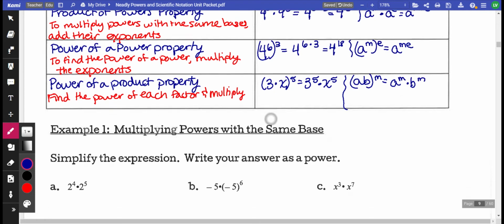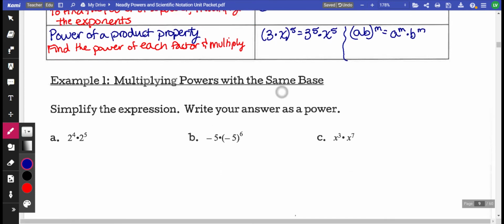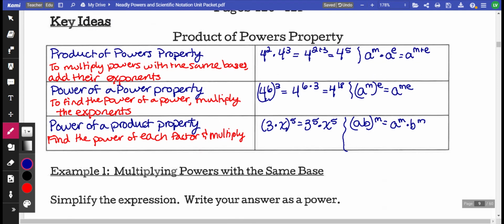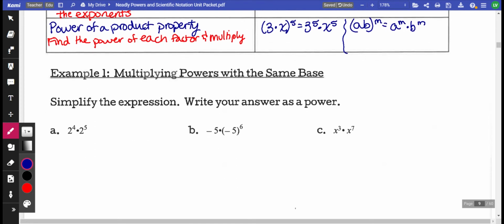So let's try some examples. Multiplying powers with the same base. Well, if I go back up here, products with the same base, well, that's referring to the product of powers property. So I'm going to add that in here.